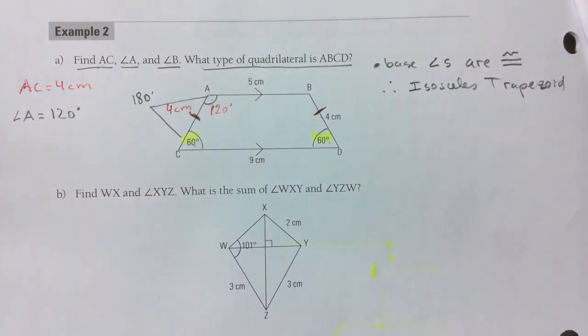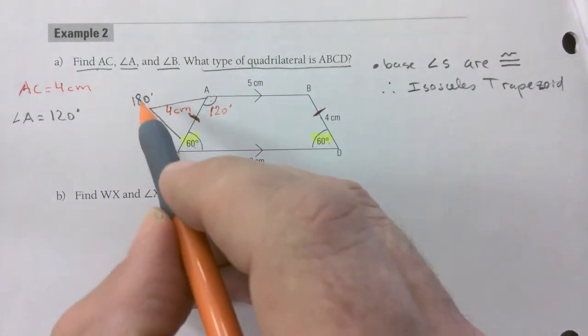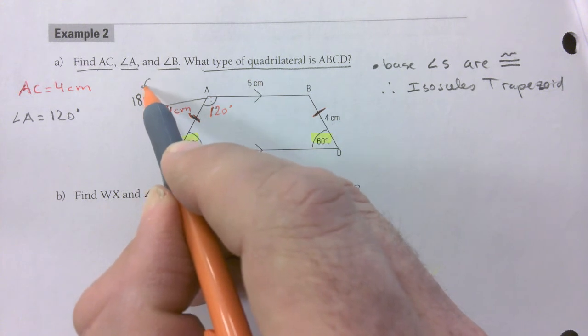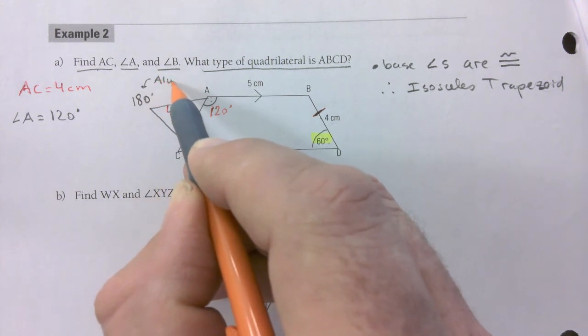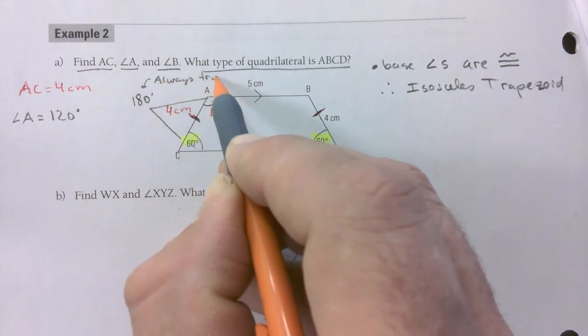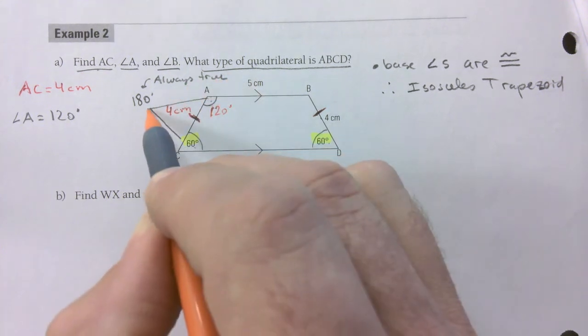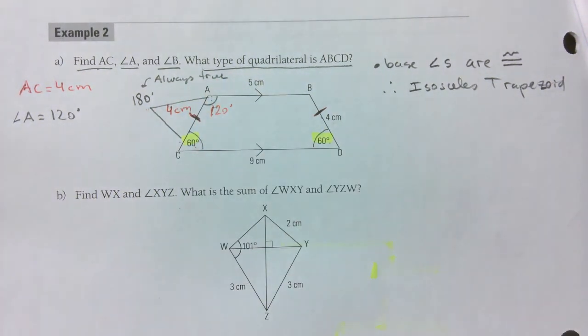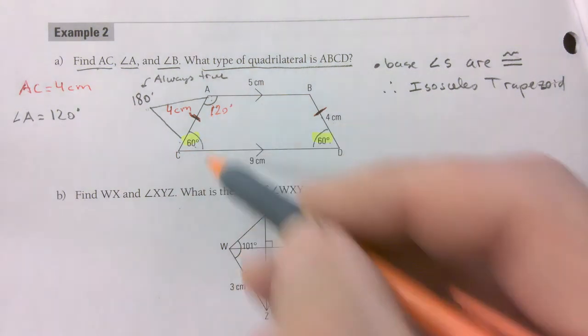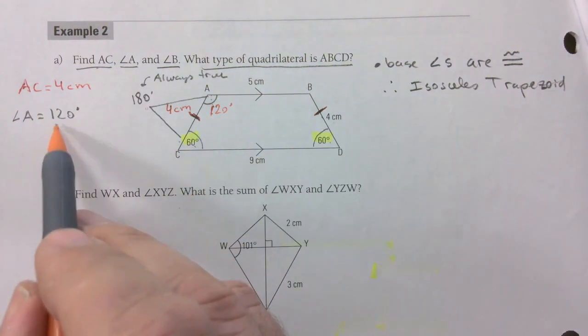I won't show any additional math there. This is always true, right? Always true. Okay. So like Mr. Dirksen told me that the quadrilaterals, these two angles are always equal to 180. So done. So A is done.